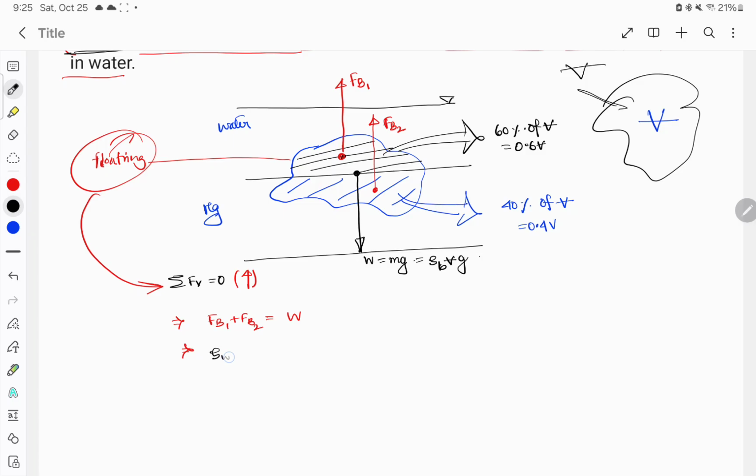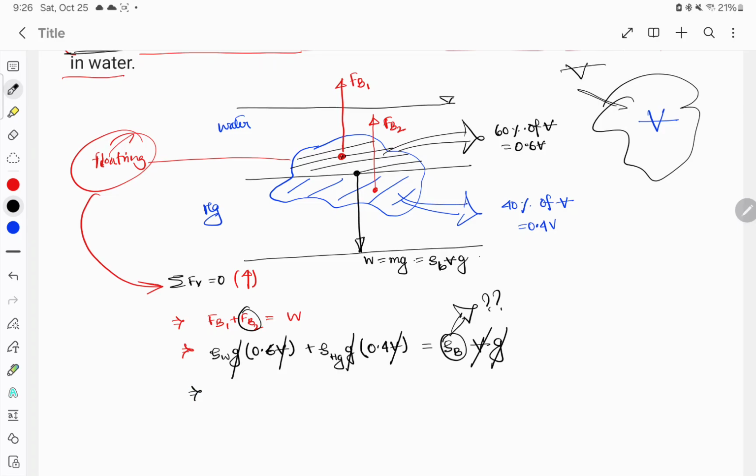So rho of water into g, and the volume displaced is 0.6 V, and Fb2 for mercury will be rho of mercury into g into 0.4 of V, and the weight will be rho of body, which we want to calculate, into the volume of the body V, and g. So we just need to cancel out the common terms, g and V.